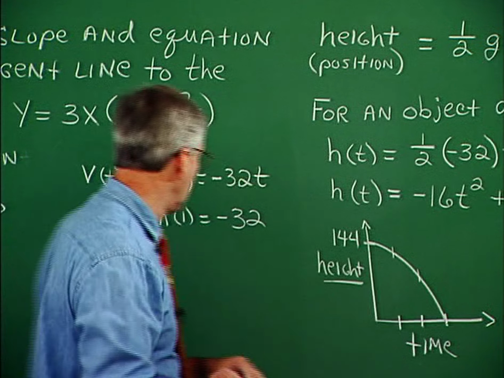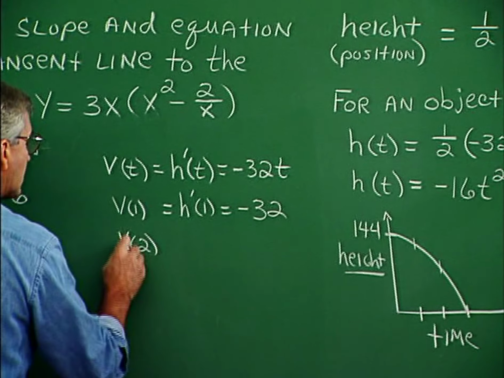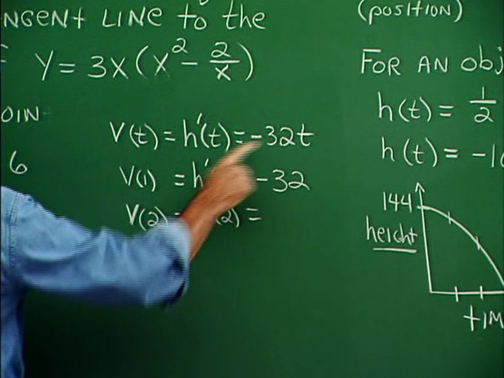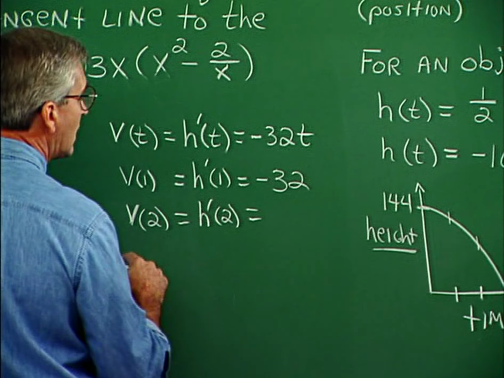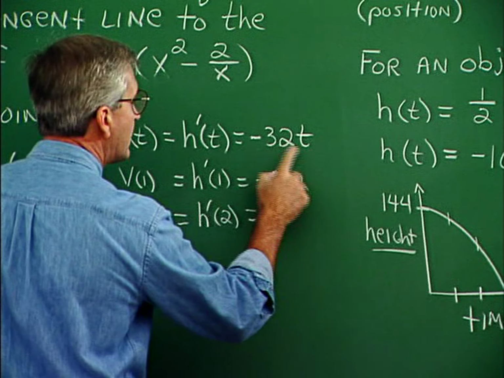Well, let's see. The velocity after 2 seconds is the same thing as h prime of 2. So in the h prime function, replace the t with 2, and we have negative 32 times 2, that's negative 64. Aha, that's exactly what we expected it to be.